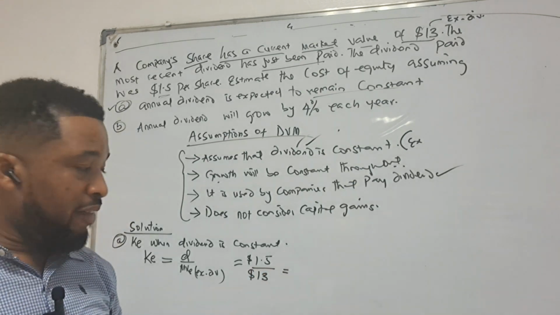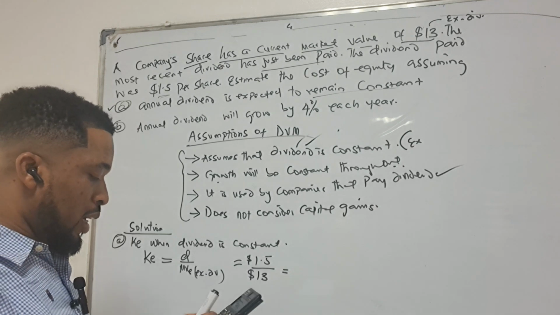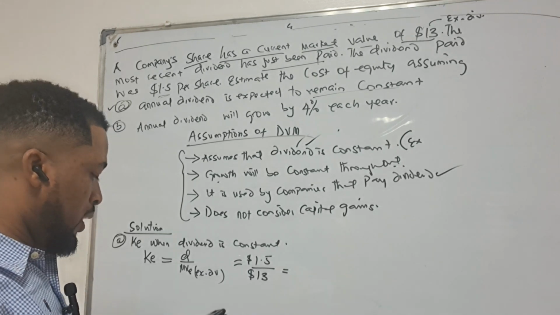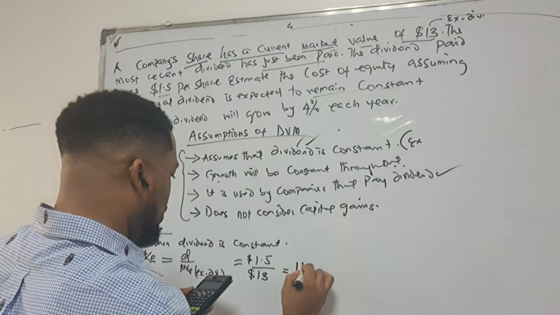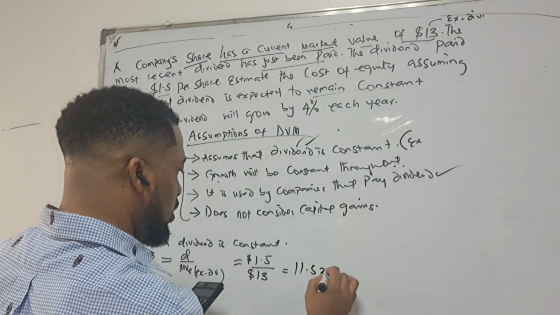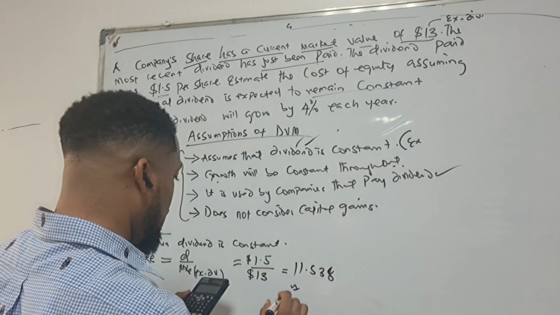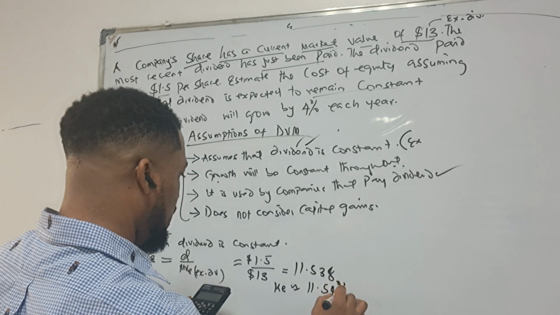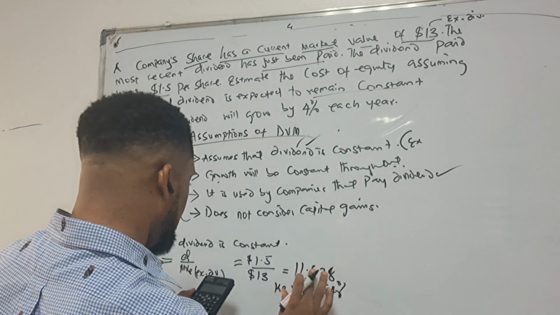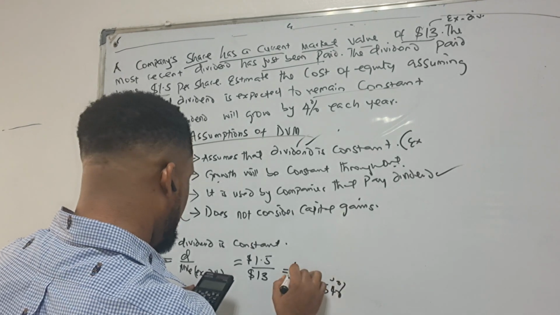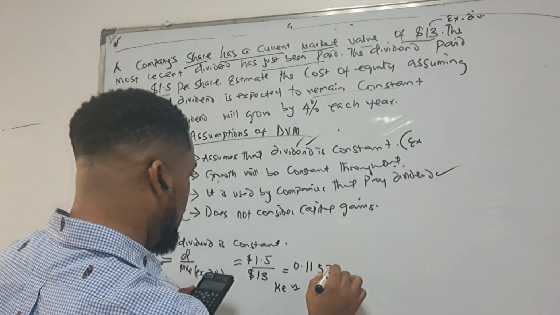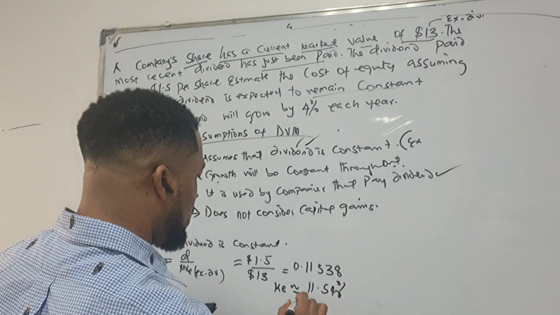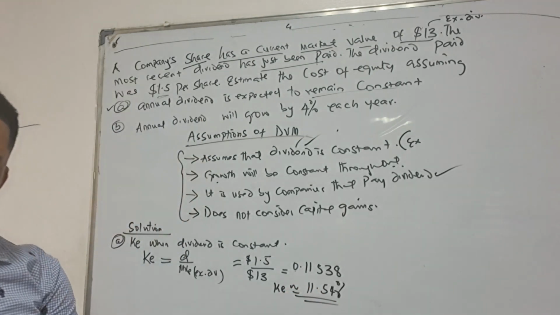So 1.5 divided by 13 gives me 0.11538. So approximately my KE becomes 11.54%. As simple as that.